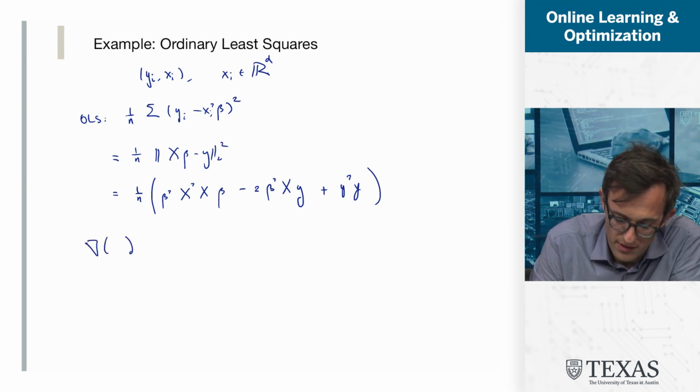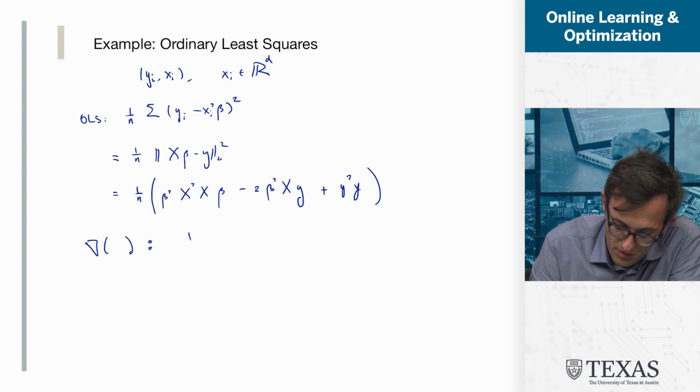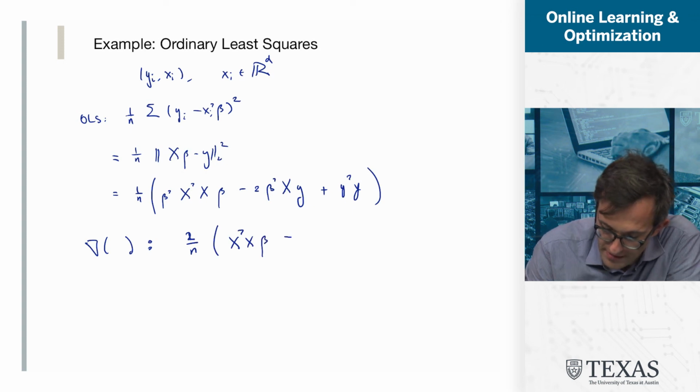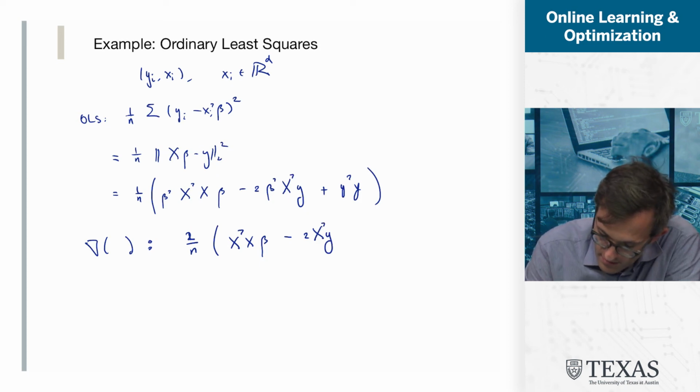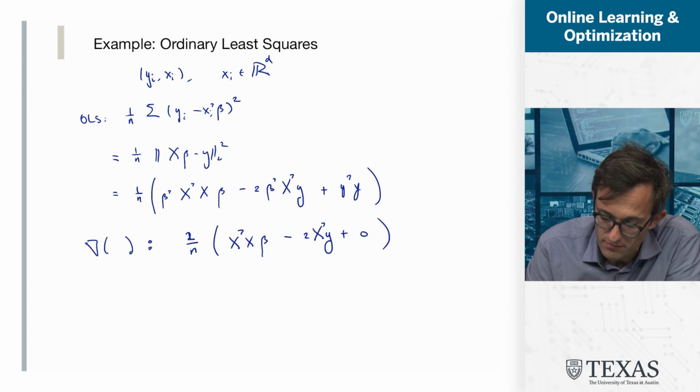So the gradient of this is equal to 2 over n times x transpose x beta minus twice x transpose y plus 0.